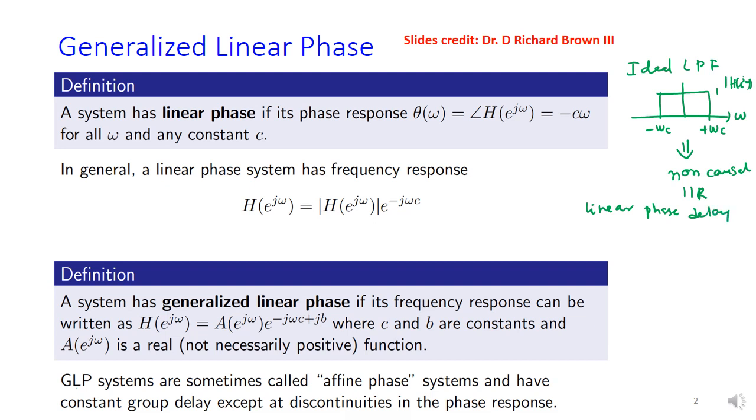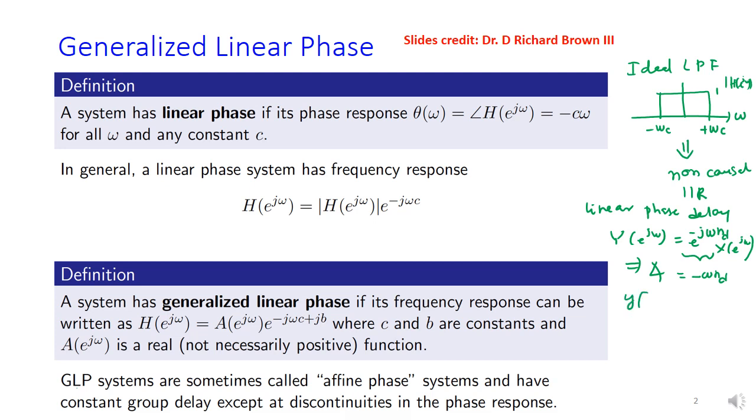Let's say Y of e power j omega is equal to e power minus j omega n subscript d into X of e power j omega, which means the angle of this system term is equivalent to minus omega times nd. This is essentially a linear phase distortion that has been introduced.